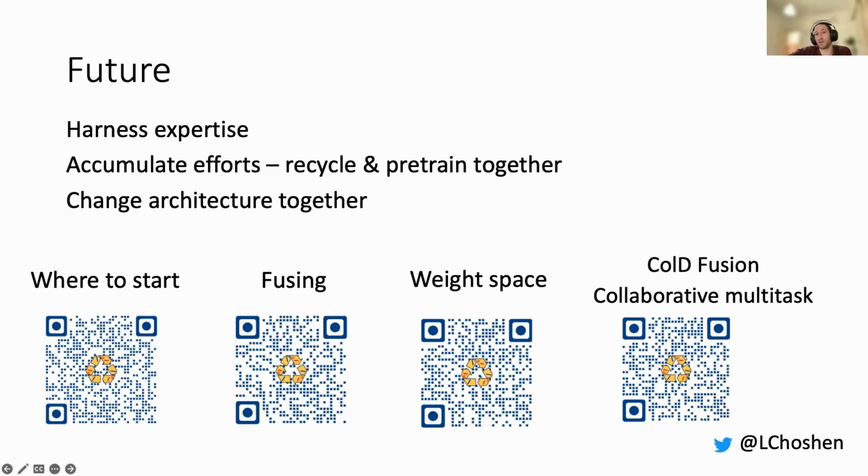A bit like a Wikipedia model. Could we have a Wikipedia structure for models, where many people might just be using it, but many of them would be able to contribute and slowly improve the model for everyone? And for that, we would keep on doing recycling and those kinds of things, but also maybe we would need to improve other things, architectures or other aspects.